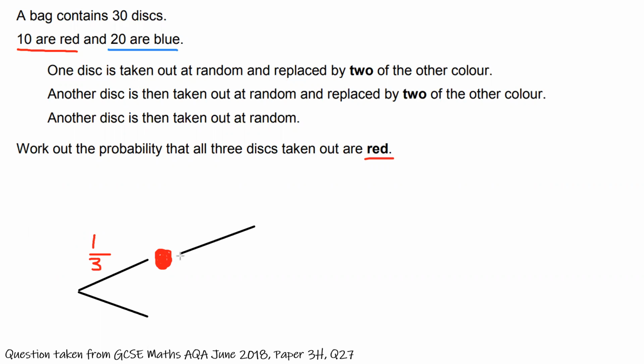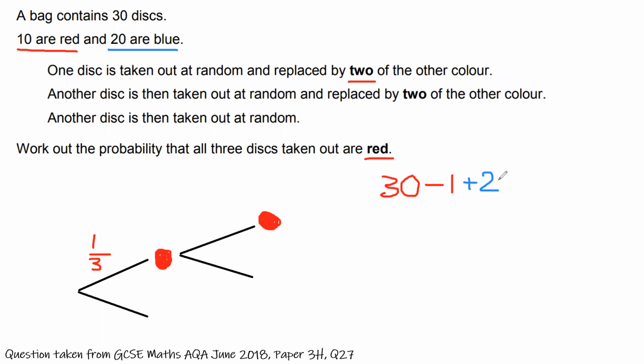So let's look at the second disc. What's happening now? Again, the probability that the second disc is red, what is that going to be? What we've been told is that 1 disc is taken out at random, the probability of it being red is a third, and then it's replaced by 2 of the other colour. Okay, so in this case, 1 red disc has been taken out. We started off with 30 discs, 1 red disc has been taken out, and then 2 blue discs have been put back in.